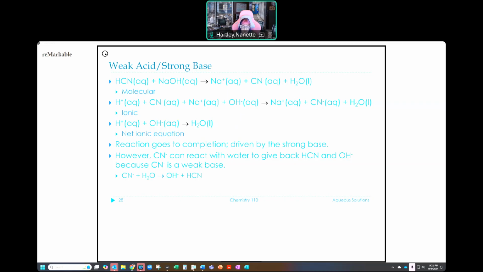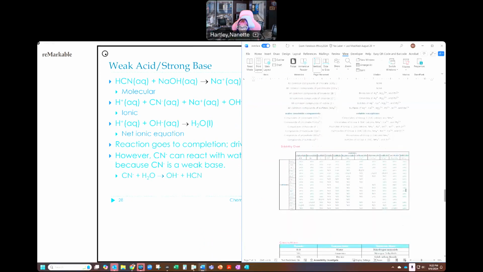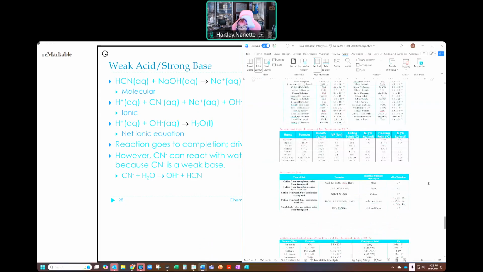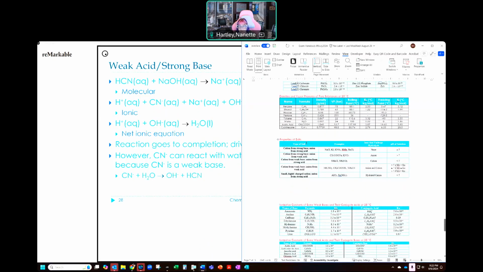Okay. There is something in your exam handouts that talks about what happens when we have stuff in solution. It says properties of salts. If we have the cation from a strong base and the anion from a strong acid, then there's no effect. That's what it says. And so it's approximately 7.